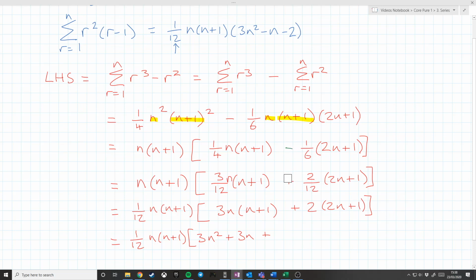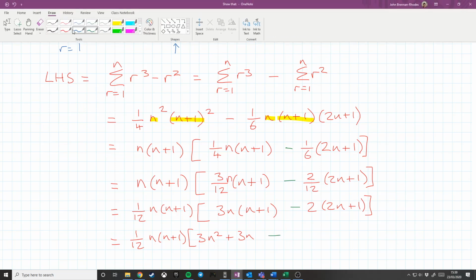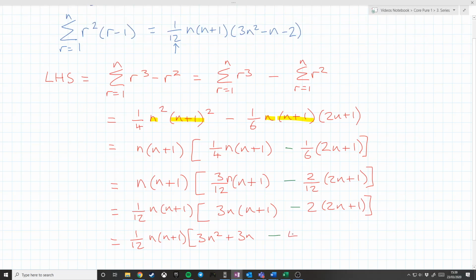That should have been a minus, that should have been a minus, that should have been a minus. So now I've actually got a minus here. 4n minus 2. And finally, this gives us 1 over 12, n plus 1, 3n squared minus n minus 2 as required.